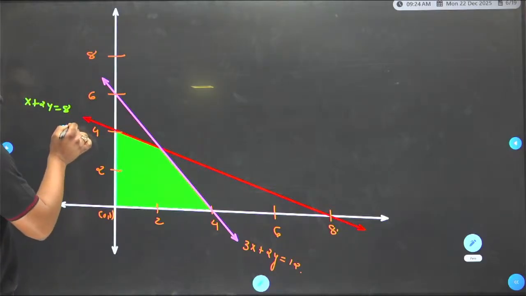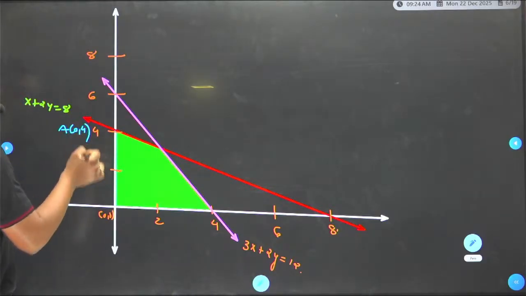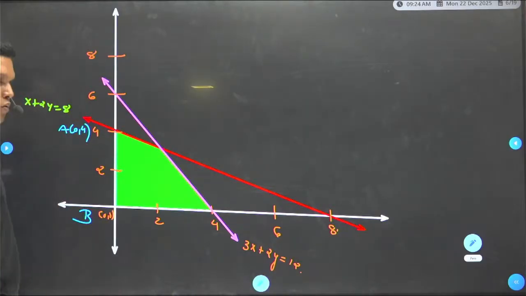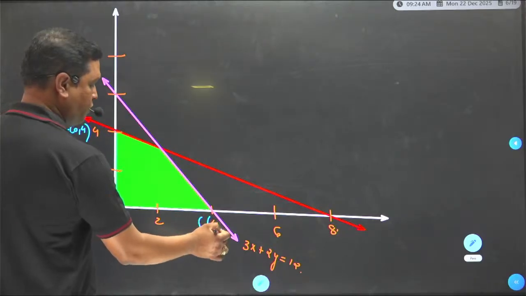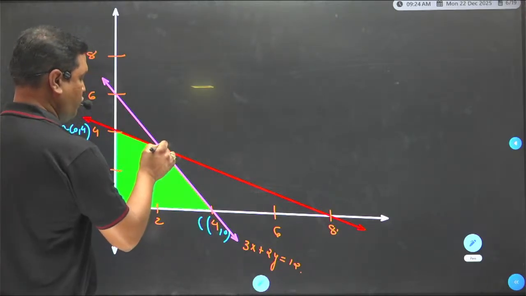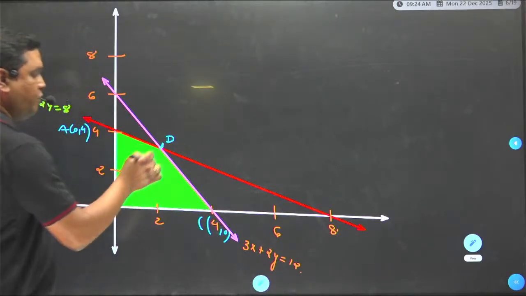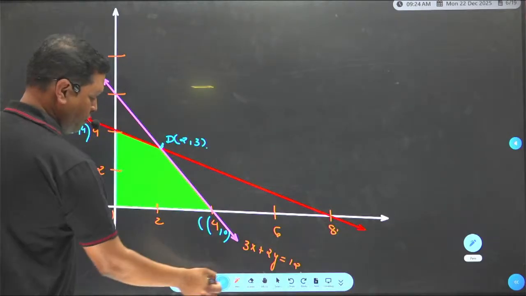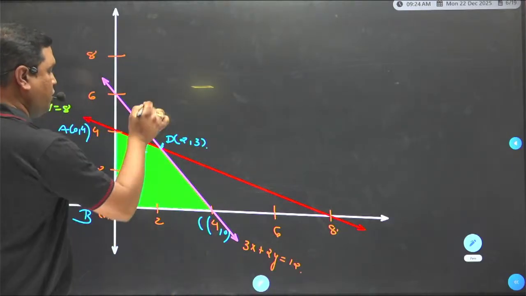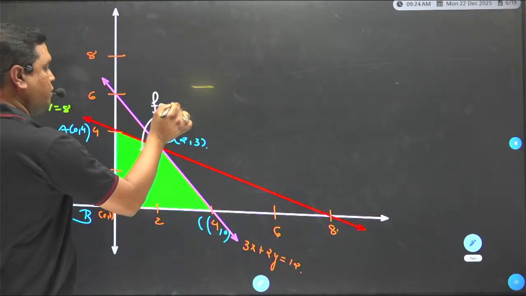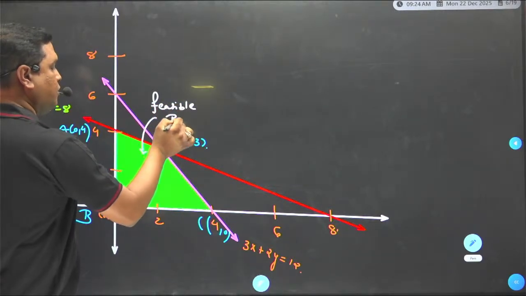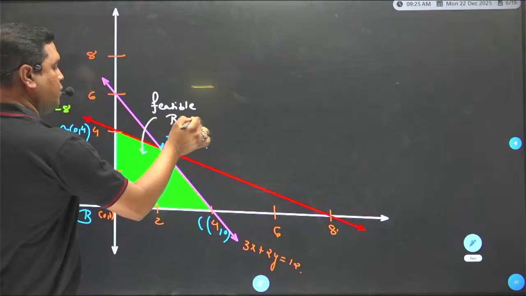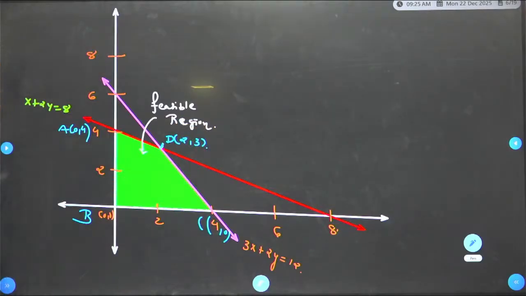Corner point A is 0, 4, B is 0, 0, C is 4, 0. And what is the corner point? 2 and 3. This one is what? Visible region.